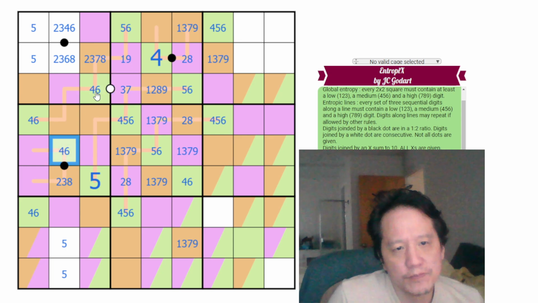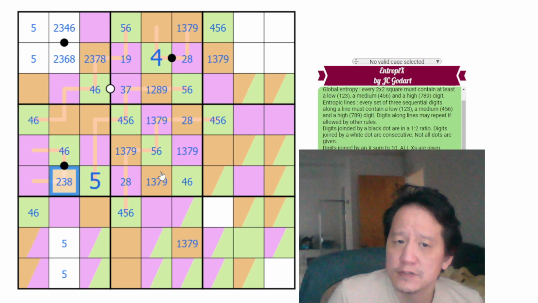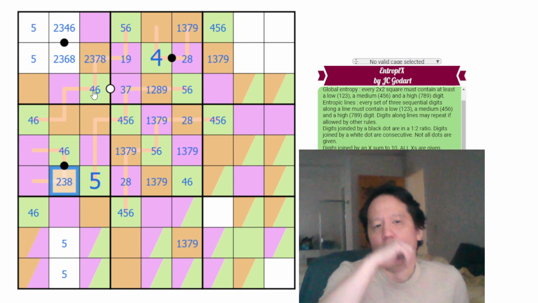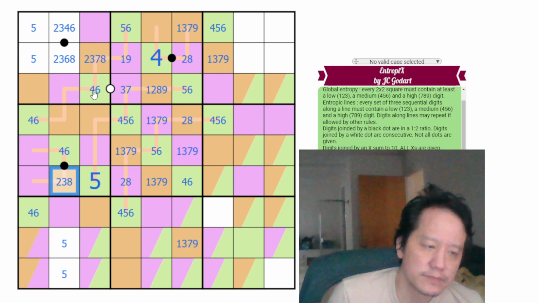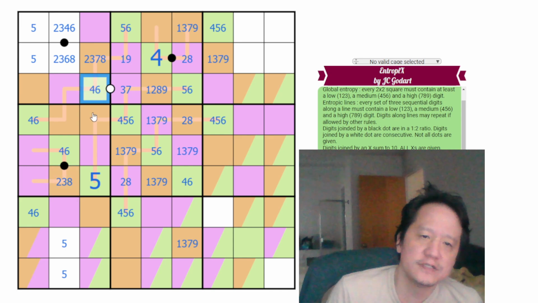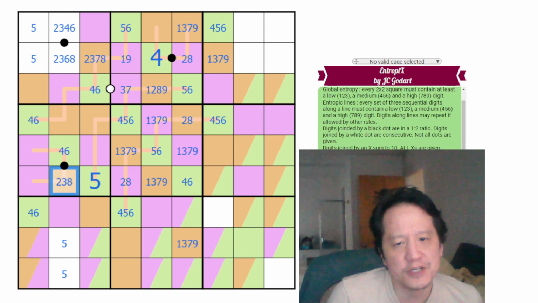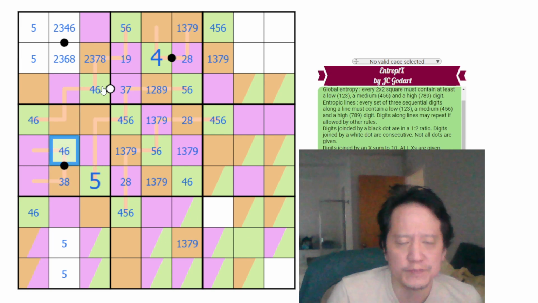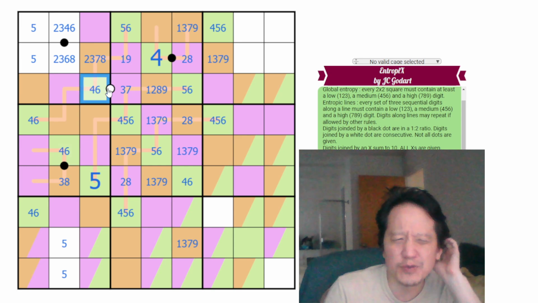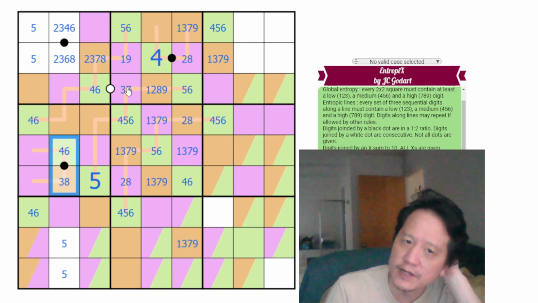We know that for certain. So if this was 4, this would have to be 3. And this would have to be 4 and 8. If this is 6, this would have to be 7. And this is 6 and 3. So this can never be 2. Right? If this is 2 and 4, this would have to be 4 and 3. But then these are different colors.